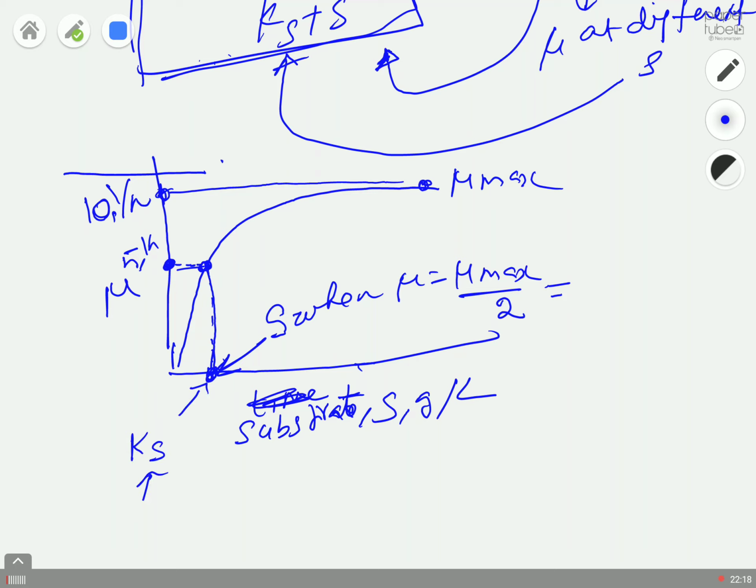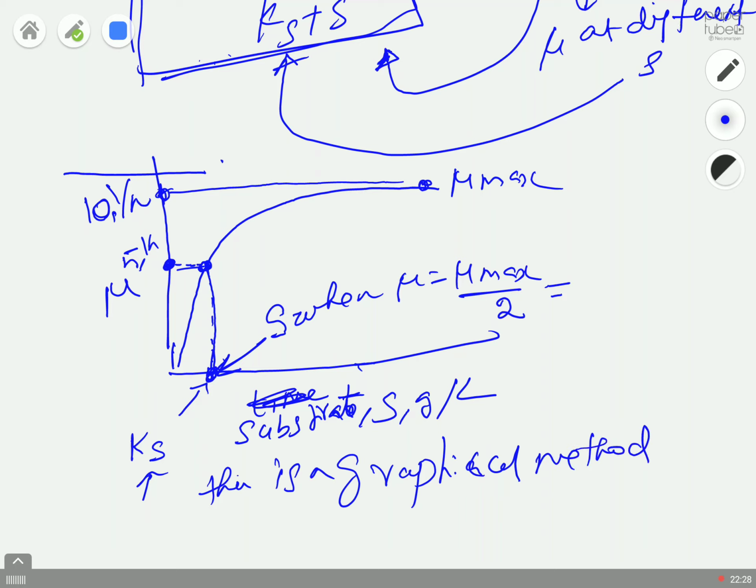So this is the graphical method to calculate the Monod constant Ks.